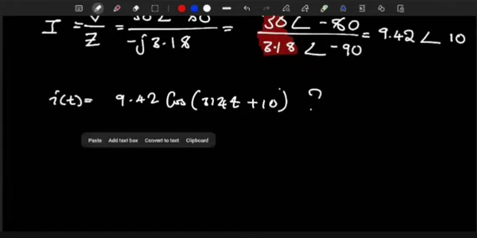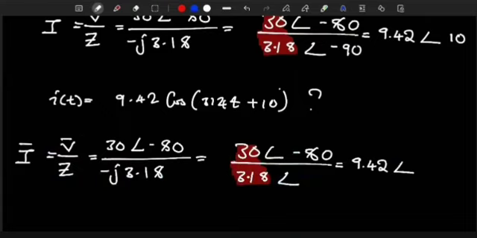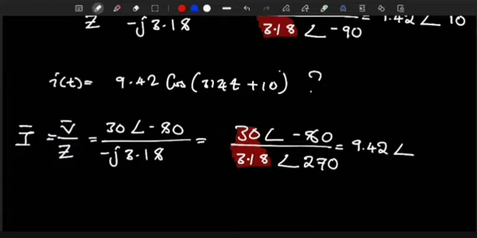But let's try 270. So if we went with 270 and tried the same thing, we'll likely end up with something similar, which is not there. So I have 80 minus 80 minus 270, which is going to be 350.